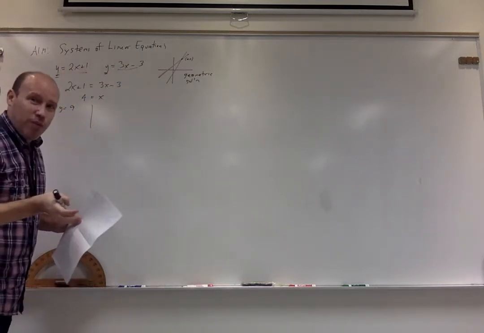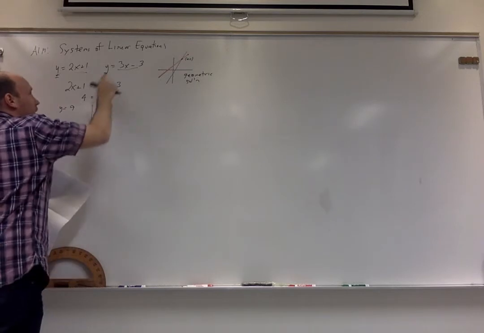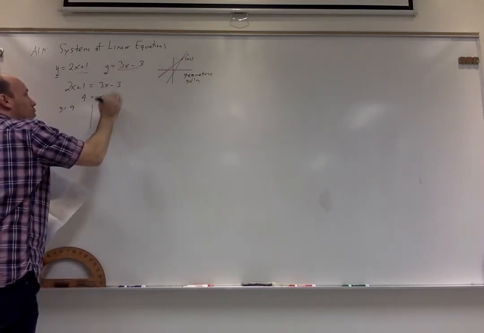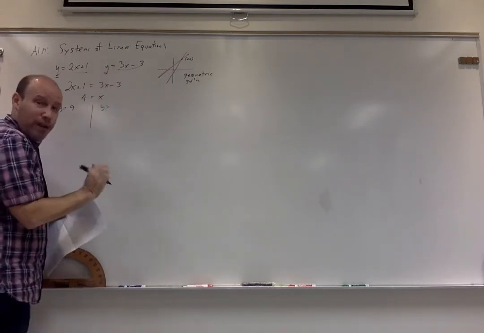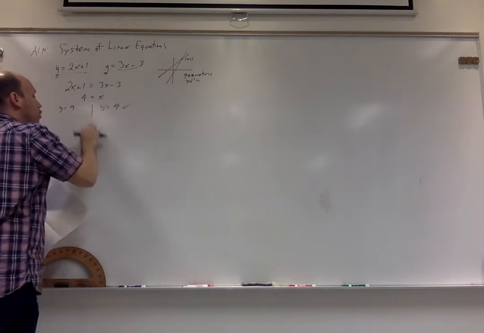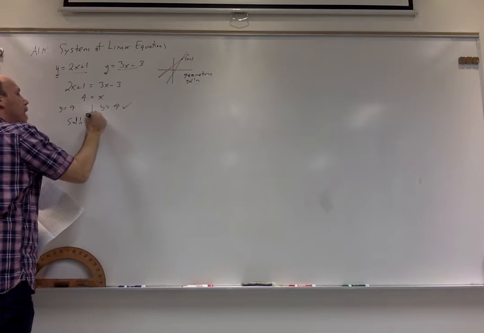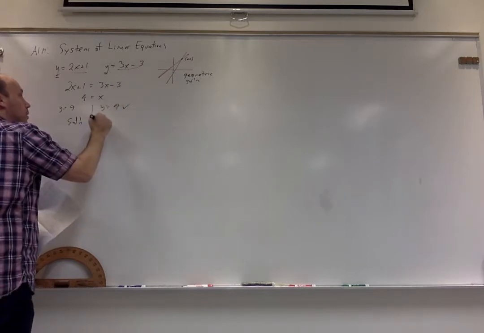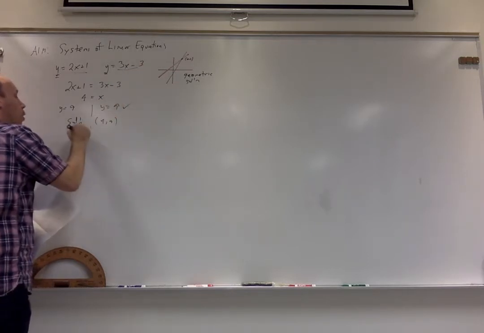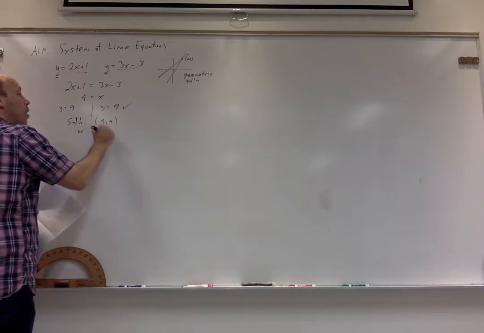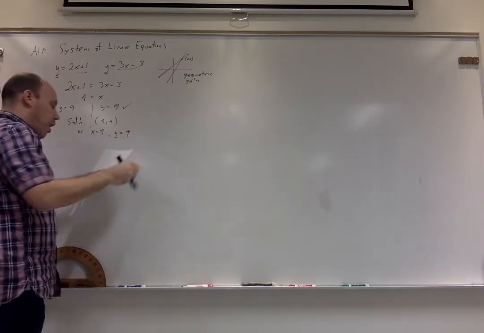Maybe the good student wanted to see it also work. y equals 3 times 4 minus 3, which is also 9. So the solution is the point (4, 9), or you could write x equals 4, y equals 9.